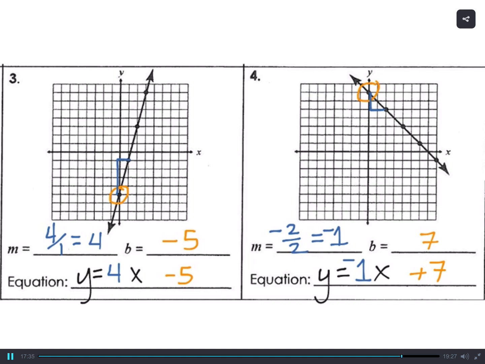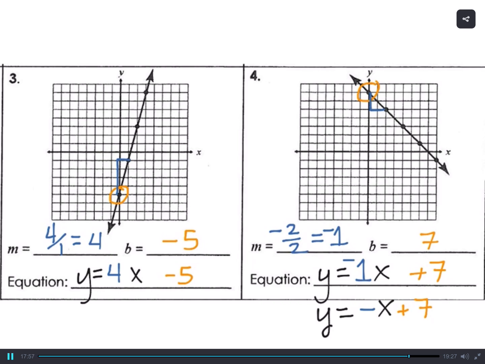Okay, and then another way that you could write this when the slope is 1 would be just y equals negative x plus 7. You don't have to put the 1 in front of the x, but in this case you would have to keep the negative sign there.